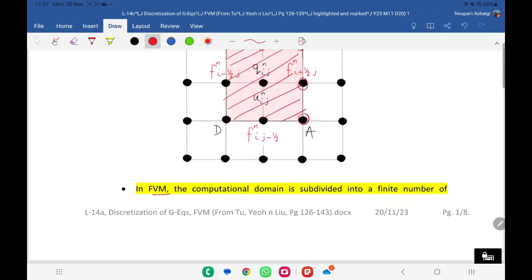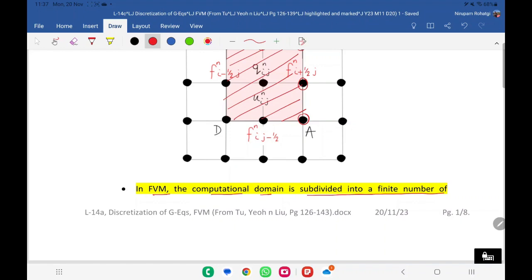And in finite volume method, the computational domain is subdivided into a finite number of volumes. Unlike in FDM, where in the whole domain you put nodes, you put points there, and of course you can join them and say that it is divided into volumes.